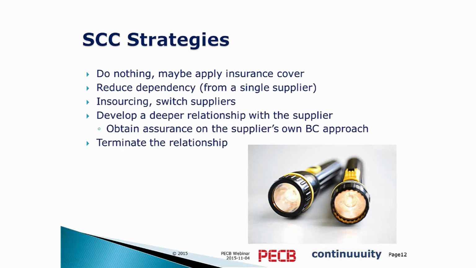Maybe we can also approach another supplier which is more capable and more willing to cooperate with us, which gives us a better feeling or a higher assurance. So we might decide to terminate this relationship and continue with another supplier.